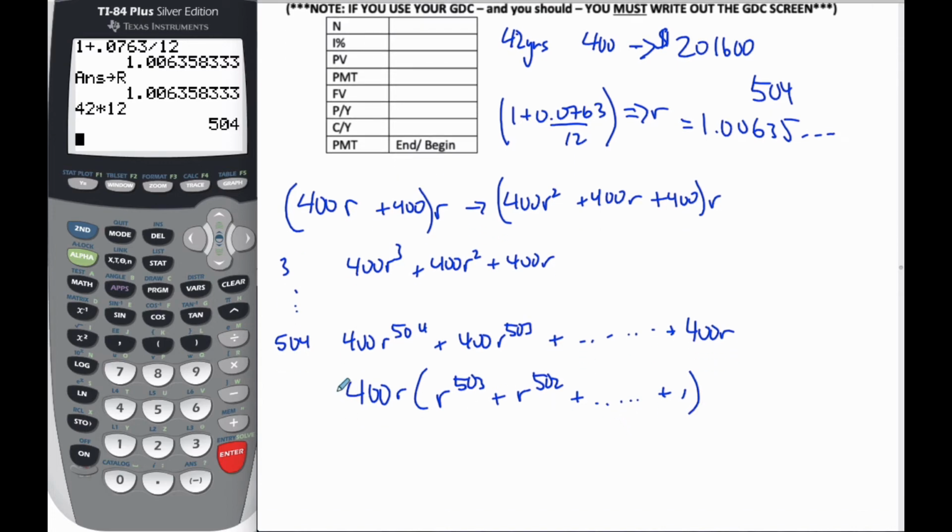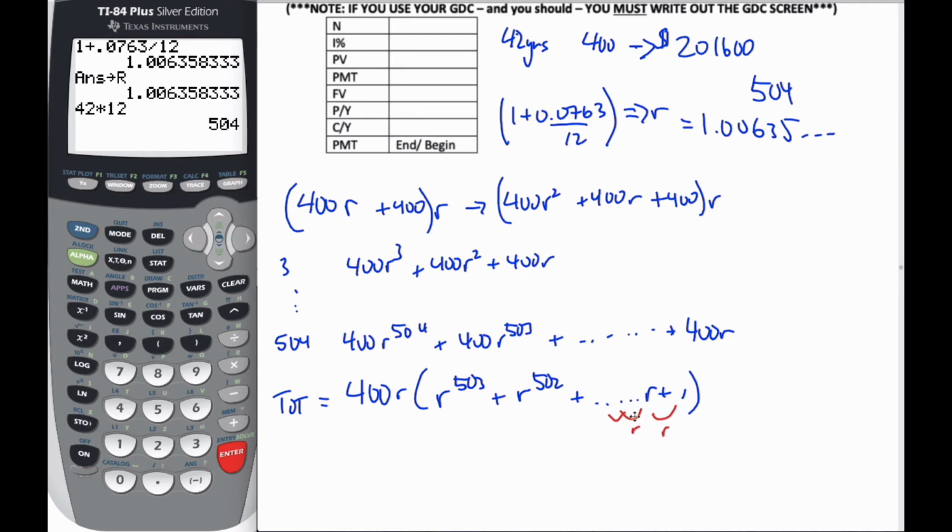I want to find the total. In order to go from 1 to R, I multiply times R. This here, I can multiply times R, and that'll be R squared times R, and so on.